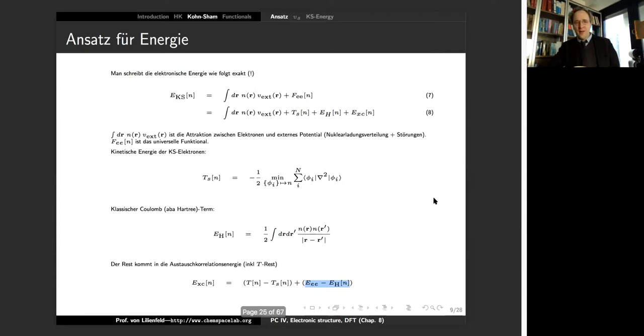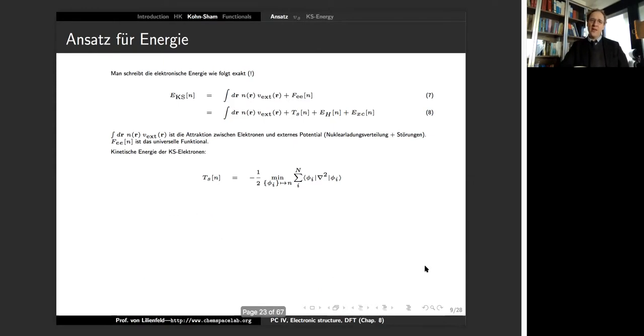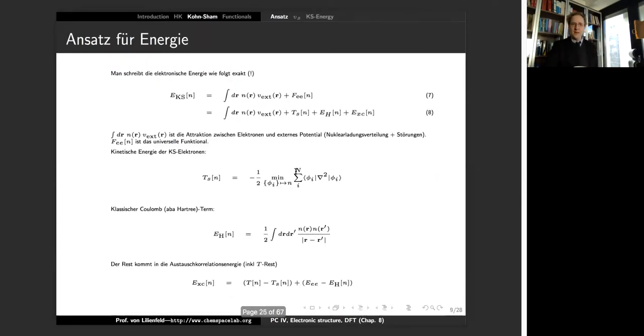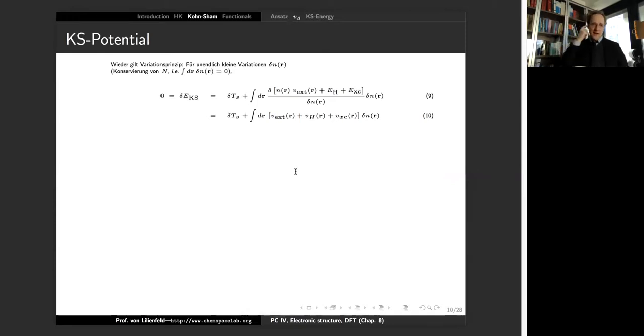Now we basically have everything in this framework, but one thing, okay? The one thing which we don't have is the explicit Hamiltonian. What is this Hamiltonian now? Okay, how does it look like? So this is something we can derive now, and we exploit for this the variational principle.